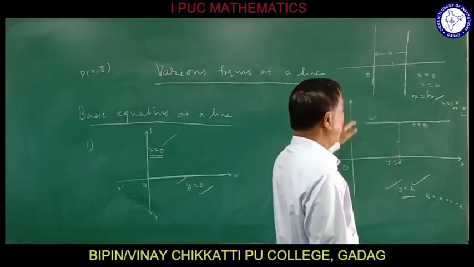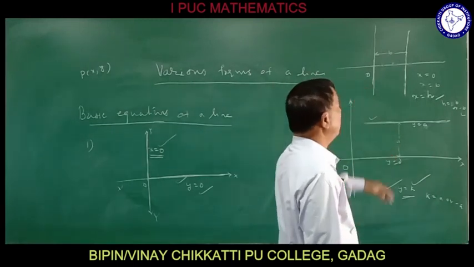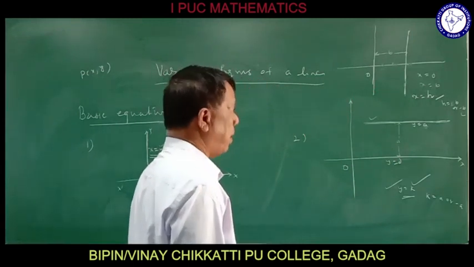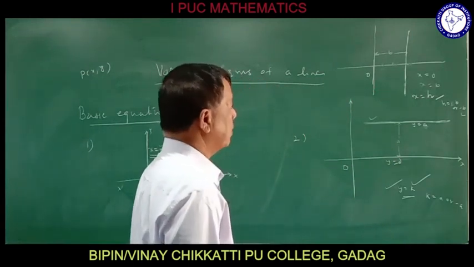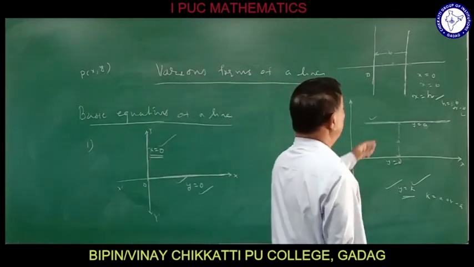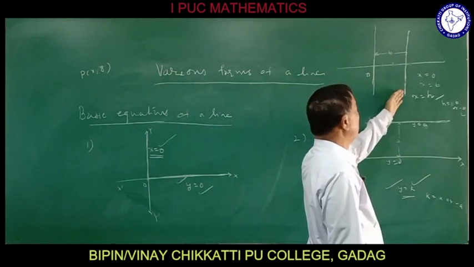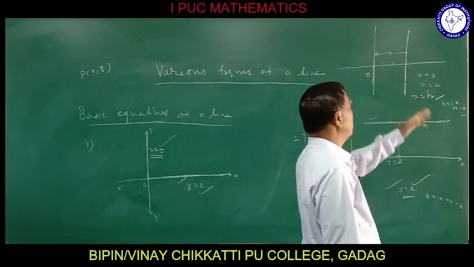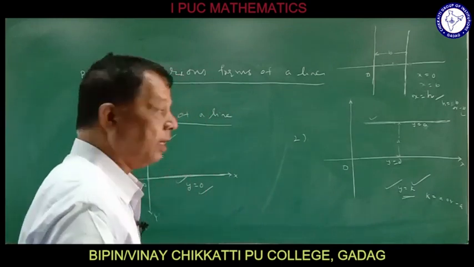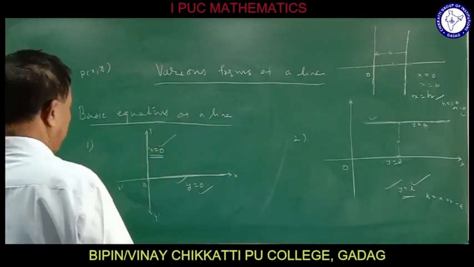And similarly, the equation of the perpendicular line or the line parallel to the y-axis is given by x is equal to h, where h is equal to plus b or minus b, and b is the distance of that line from the y-axis. So these are the two basic equations of the line.